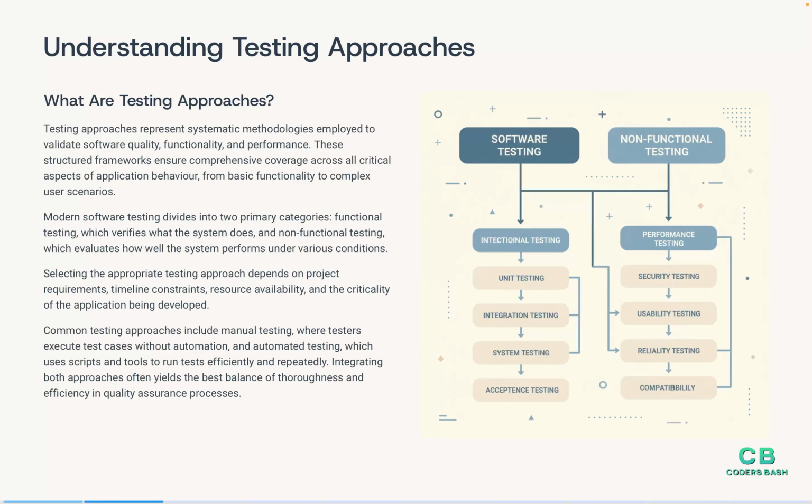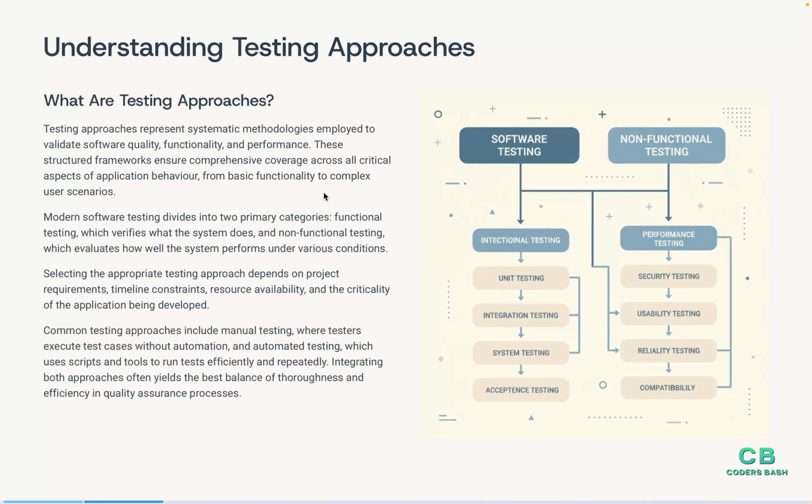So testing approaches represent systematic methodologies employed to validate software quality, functionality, and performance. These structured frameworks ensure comprehensive coverage across all critical aspects of application behavior, from basic functionality to complex user scenarios.